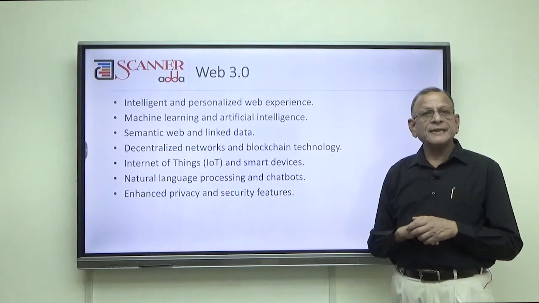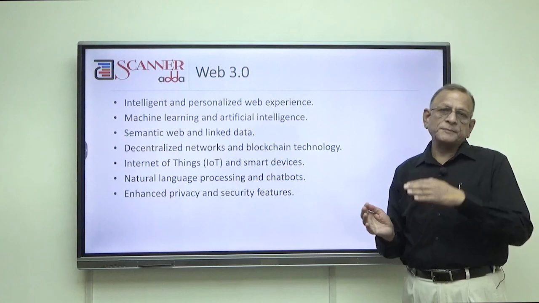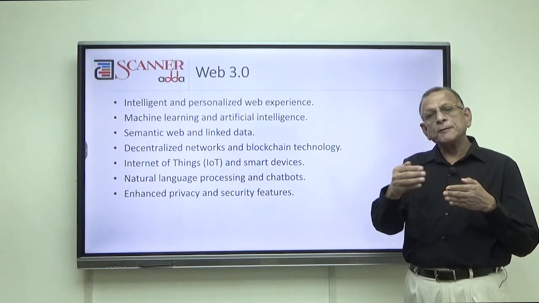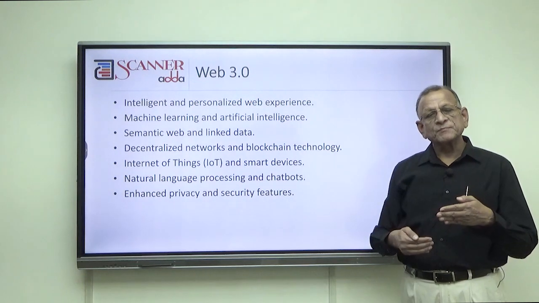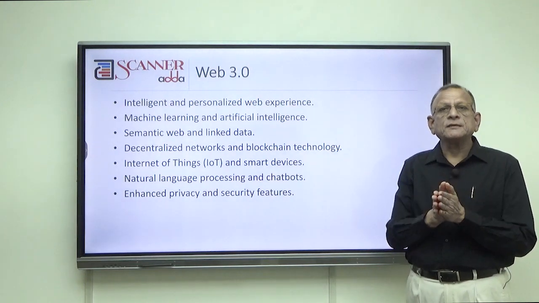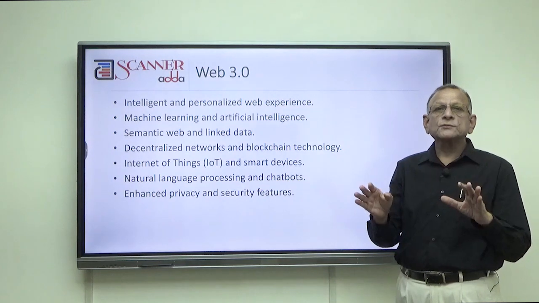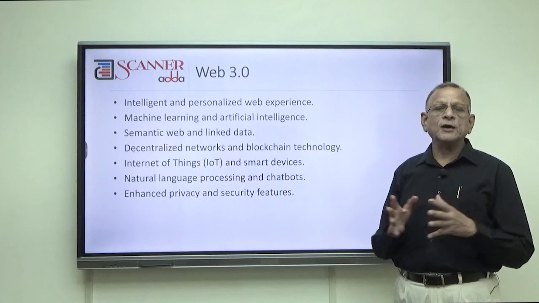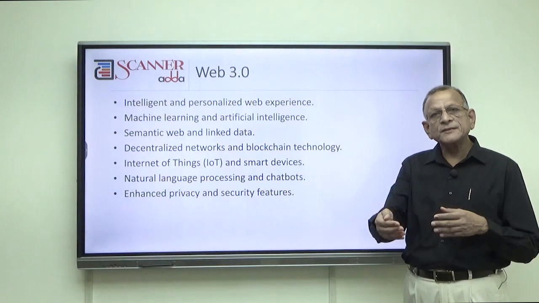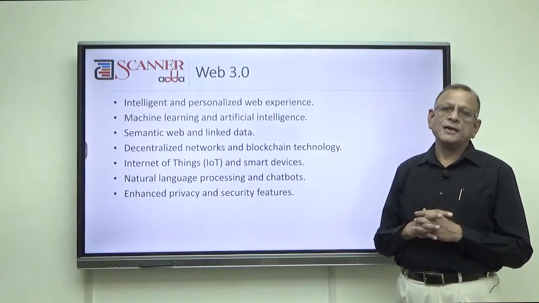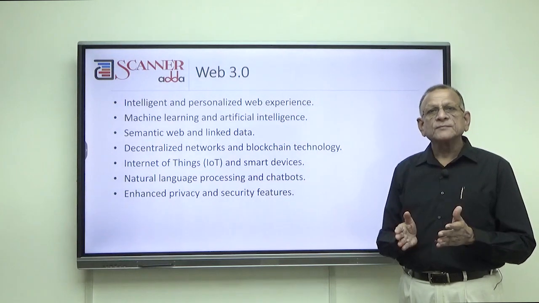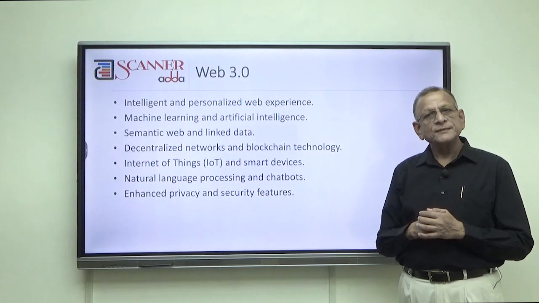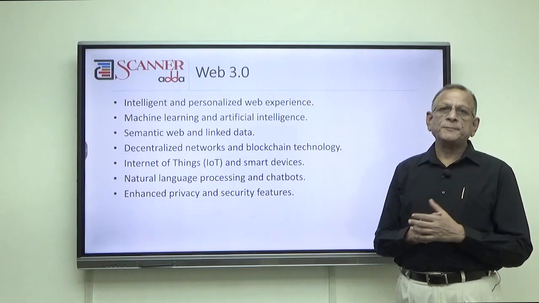Semantic web and linked data. Now the database is being connected with a website. Website is being upgraded with the help of database. So this is Web 3. Data is stored in the tables, huge tables having millions and millions of columns and rows, and the website is fetching data from those columns and rows, like Book My Show, like IRCTC, like Make My Trip.